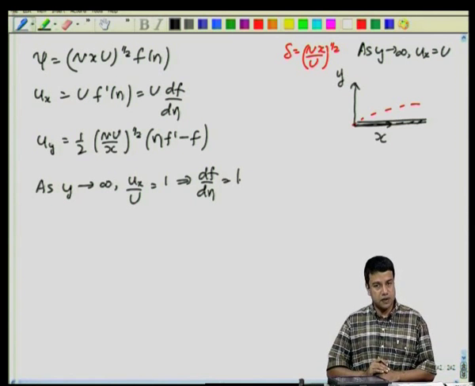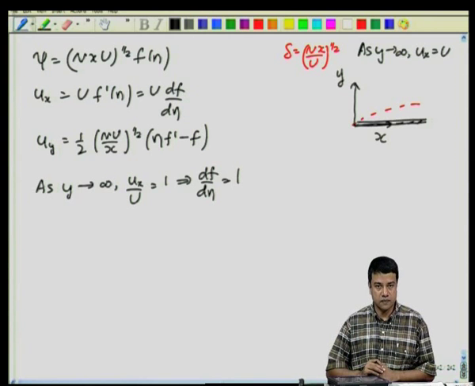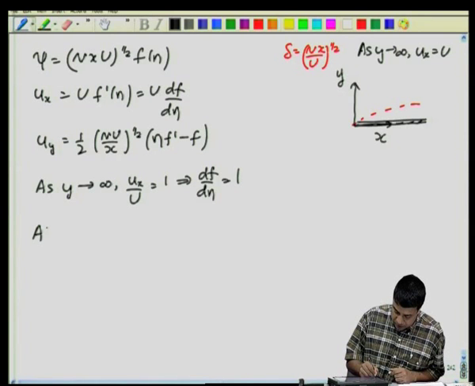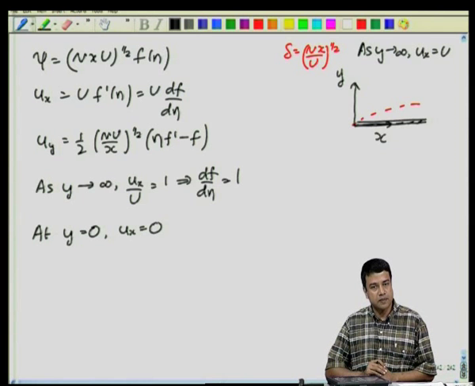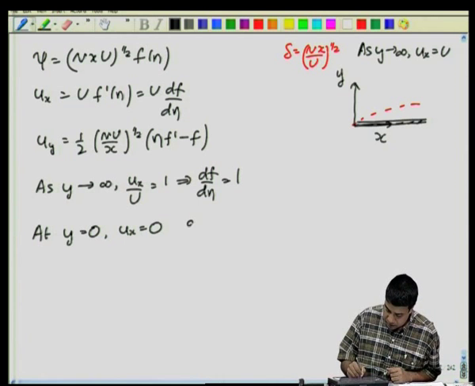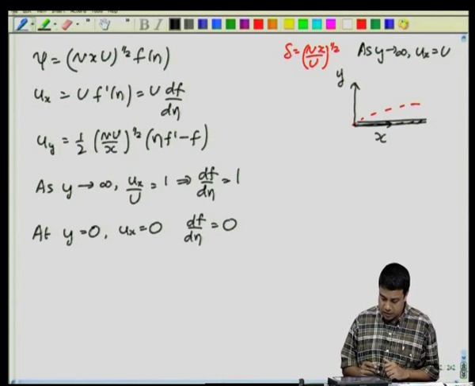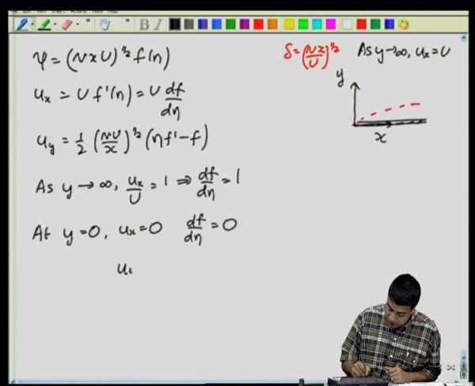So, the slope df by d eta has to go to a constant value 1 as y goes to infinity. At the surface itself, at y equal to 0, u x is equal to 0, and u x is equal to U times f prime. That means that f prime has to be equal to 0. df by d eta is equal to 0. In addition, you also require the normal velocity to be 0.